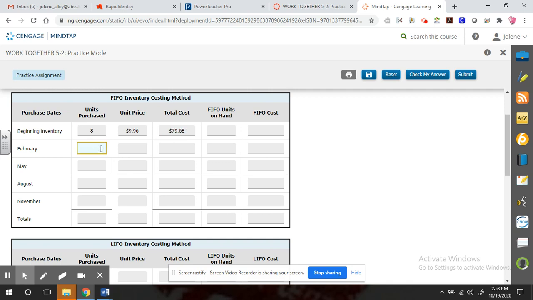For February, it shows that they purchased 20, at $10.24 a piece. We're going to find out how much that total shipment was. Multiply the two, and we get $204.80.